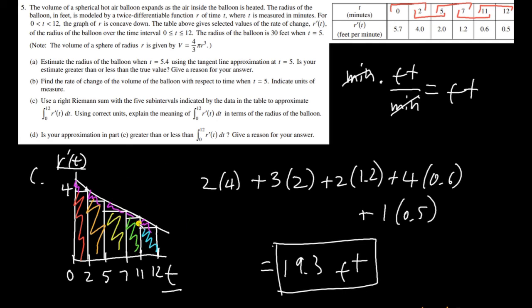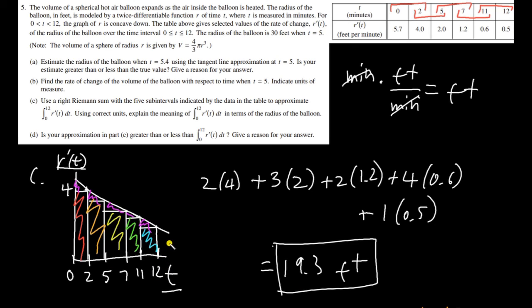So the reason we're not including these is because our approximation is an underestimate, since r prime of t is decreasing. Okay, so is our approximation less than or greater than? Our approximation is less than the integral, and the reason is that r prime of t is decreasing.